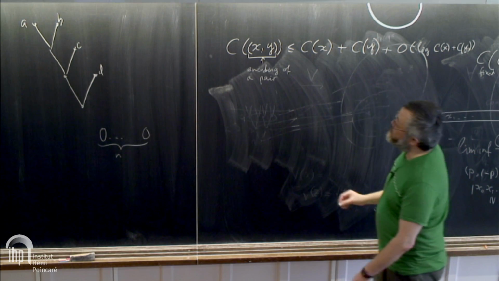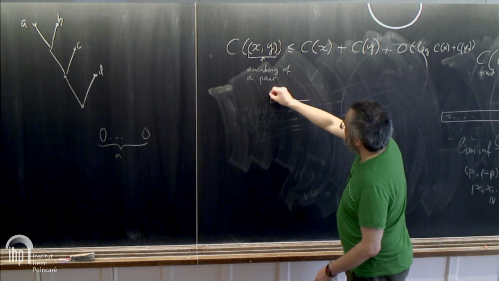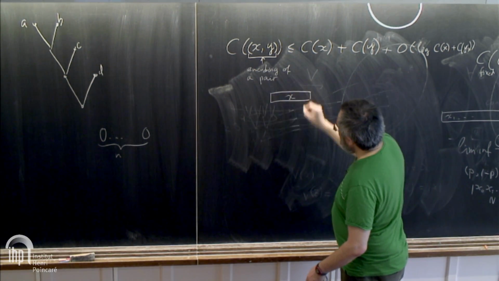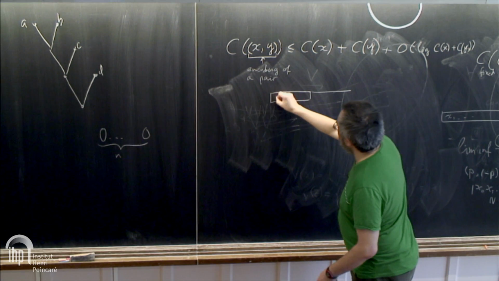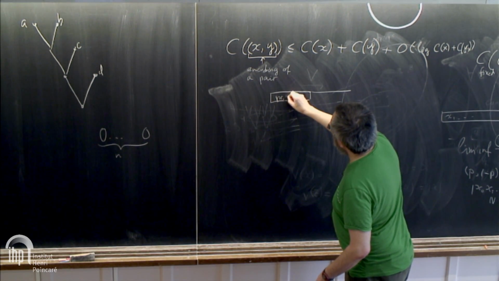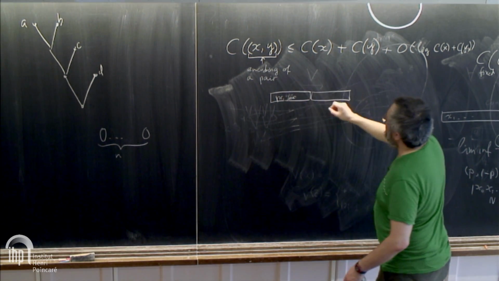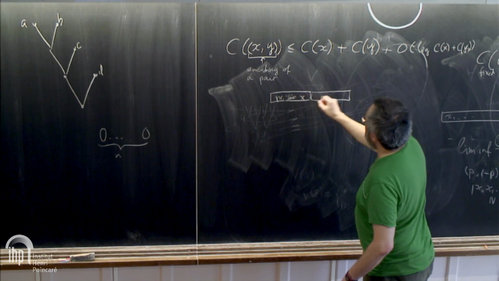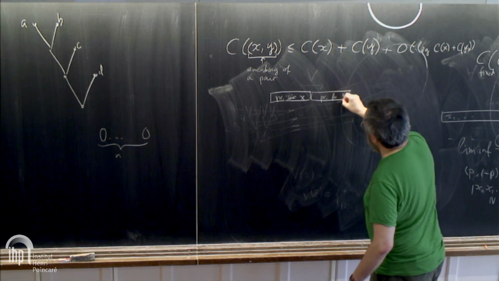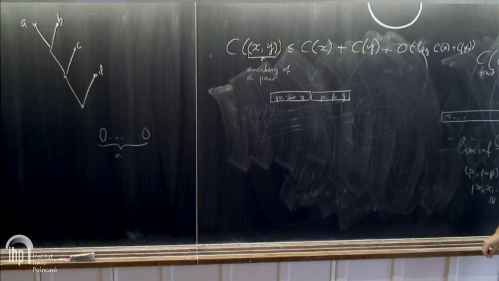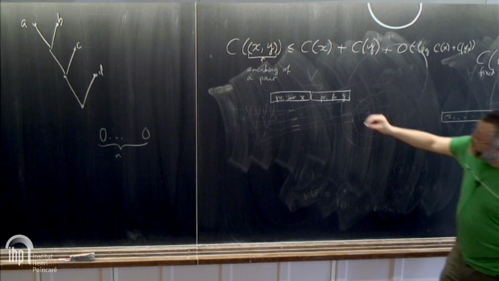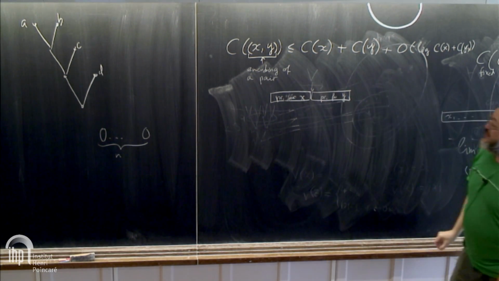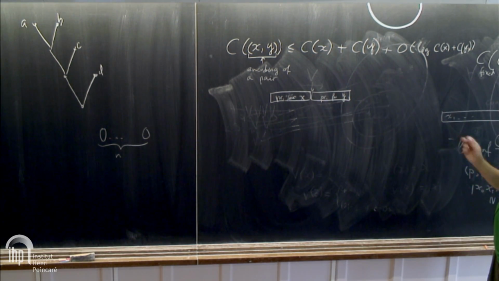And this is because of how you prove this. You have a program for x, you have a program for y, and you combine them into a program for the pair. Still, you need something to distinguish where the one ends and the other starts.